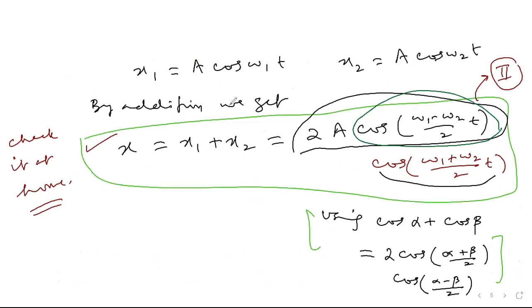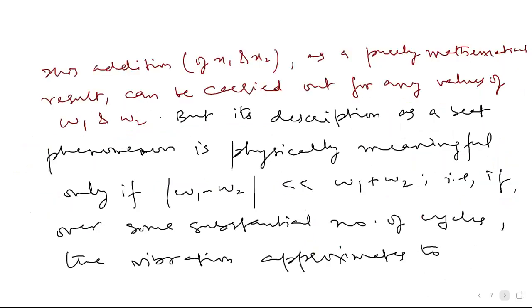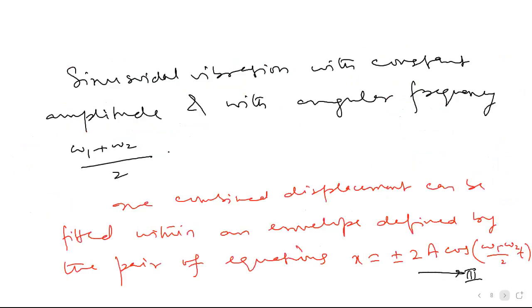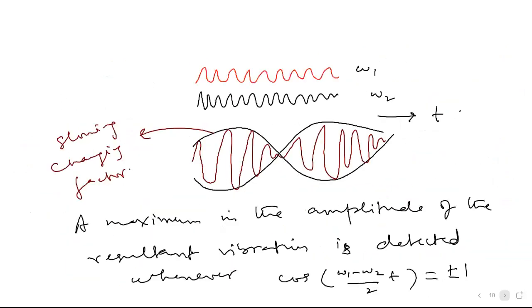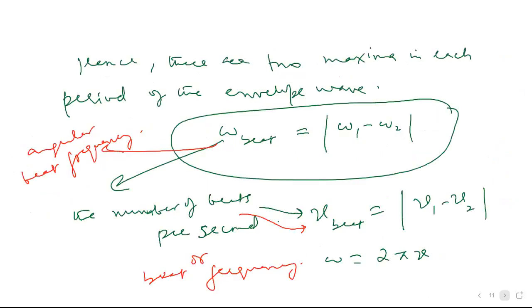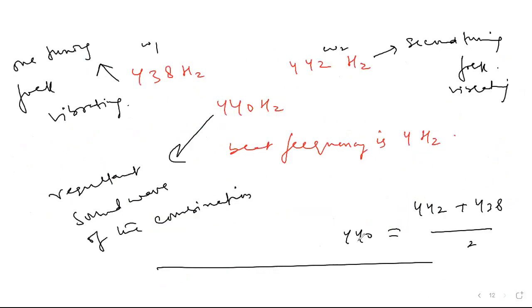Then to understand this beating effect, we considered the case of equal amplitudes. Then we added these two oscillations, we got the beating effect. I gave you homework. Then we discussed how the beat frequency is the difference of the individual frequencies, and we gave the example of tuning forks.